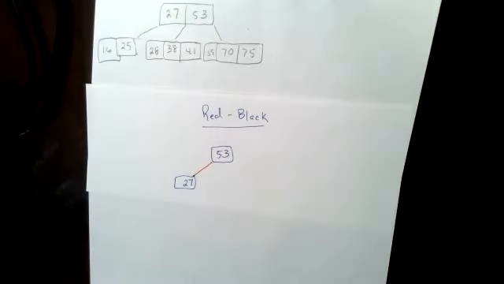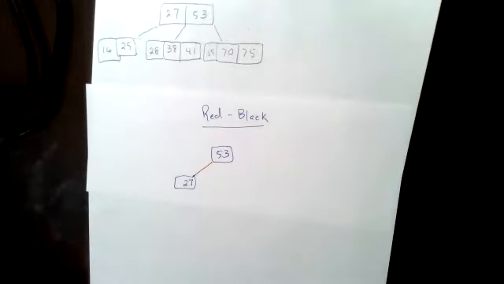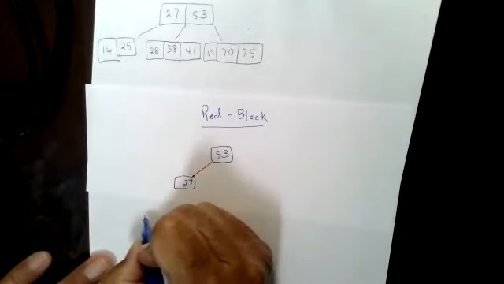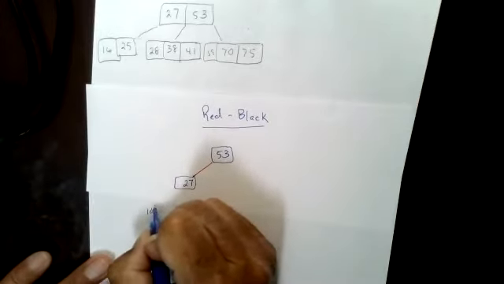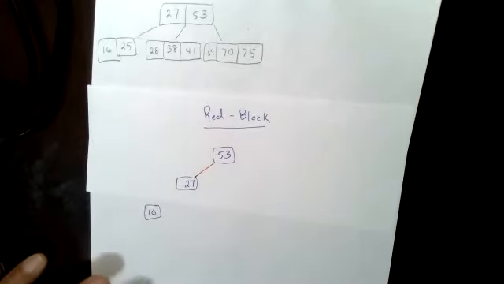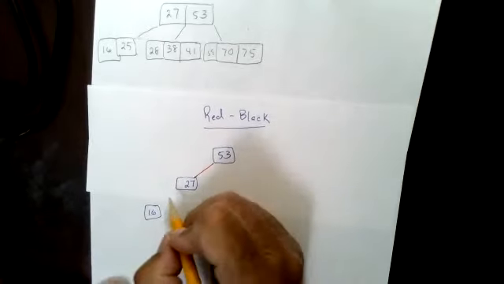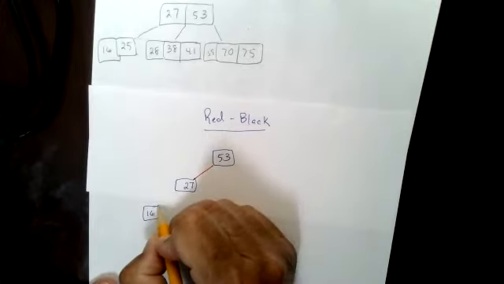All right. Now I have children of 27. I have two of them, 16 and 25. Pick one of those. Doesn't matter which one. 16. So if I draw the 16 on the next level, I know that this is not a sibling, but a child.